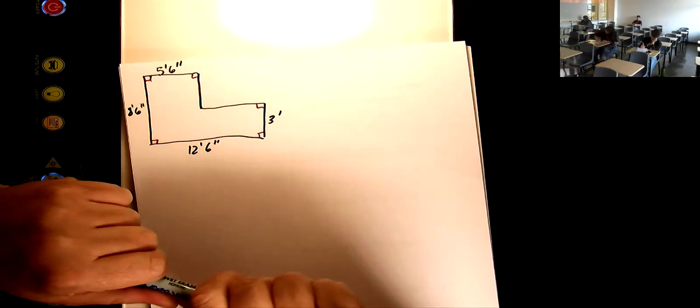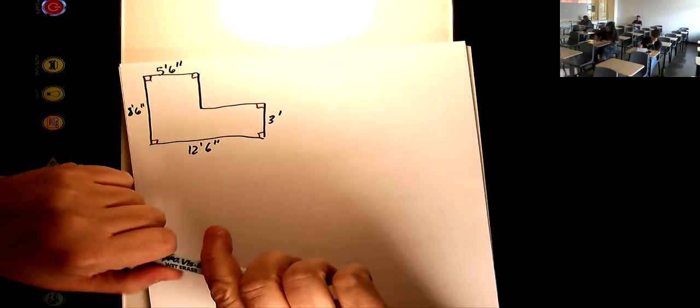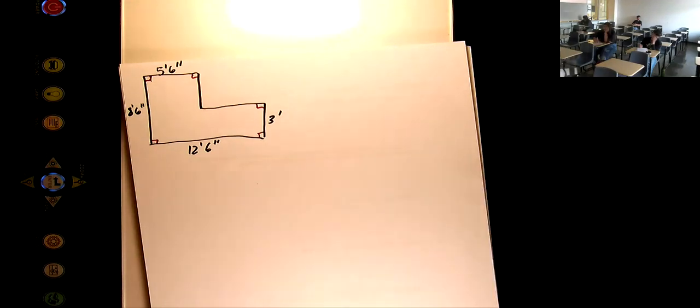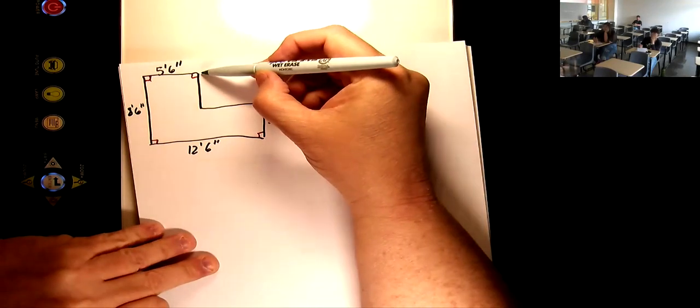There's a lot of ways we can do this. I want to talk about them all, and then I'm going to pick one, because I want you to be able to think about problems like this in the future. We could make one big rectangle.